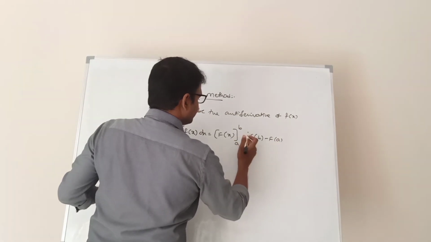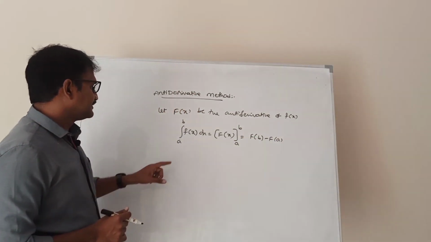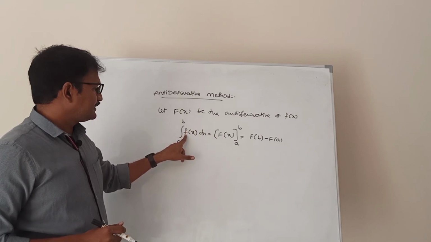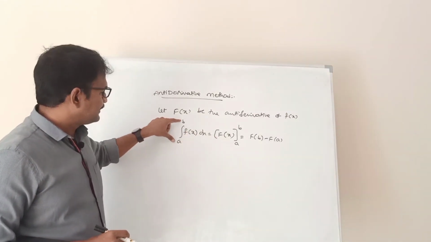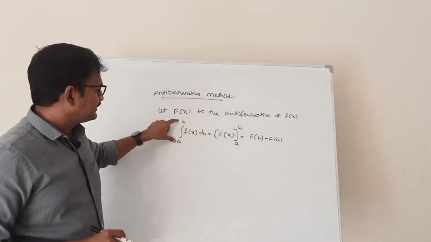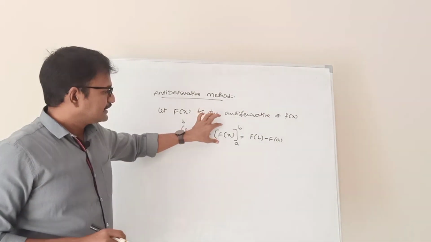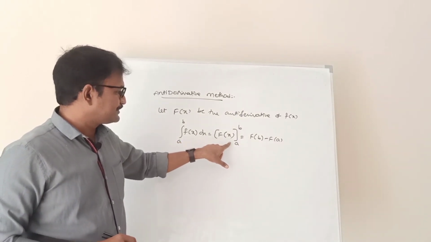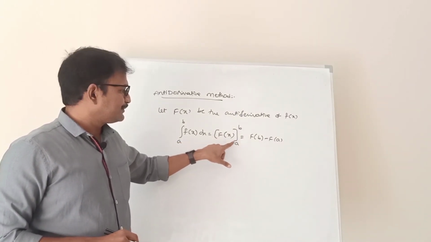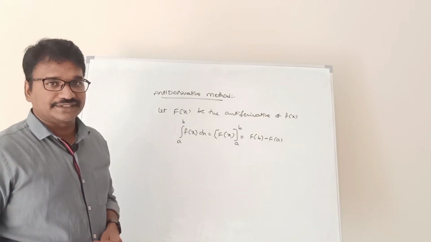If capital F is the antiderivative of small f, and you find the area between the upper limit and lower limit, then finding the integration by using the antiderivative is called the antiderivative method.